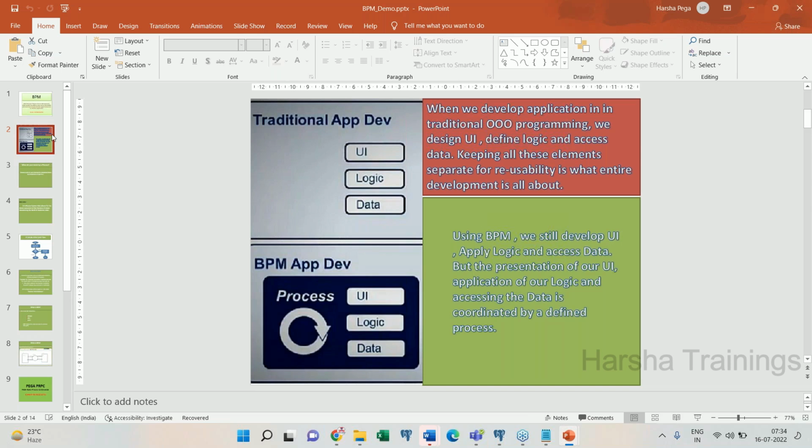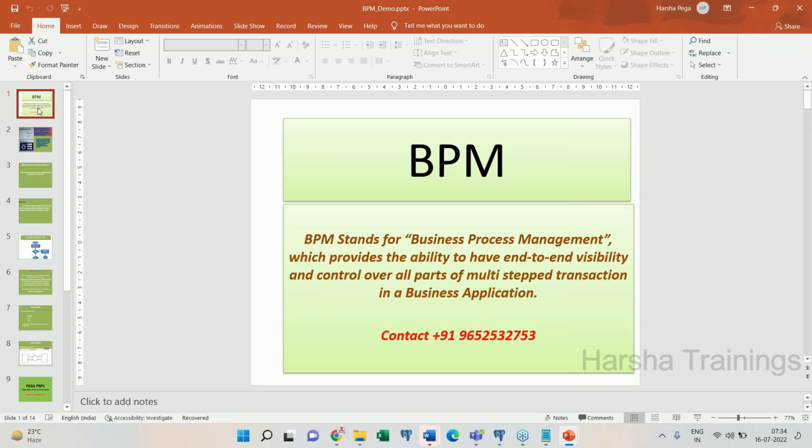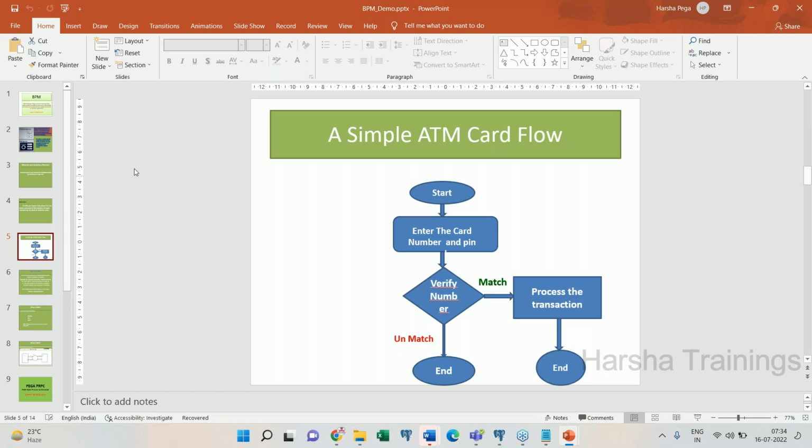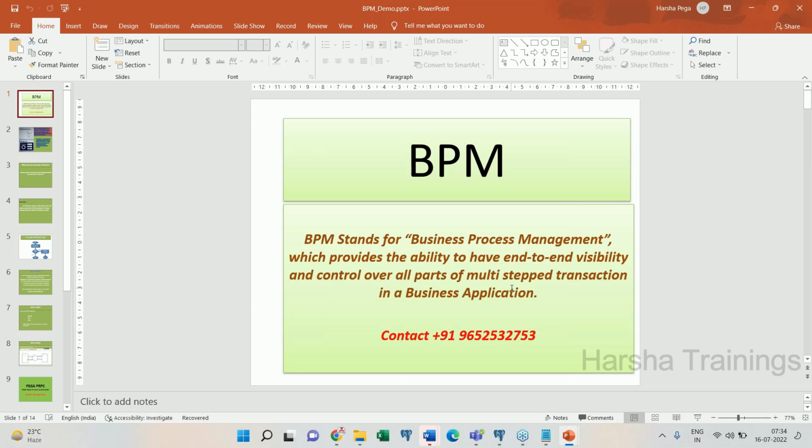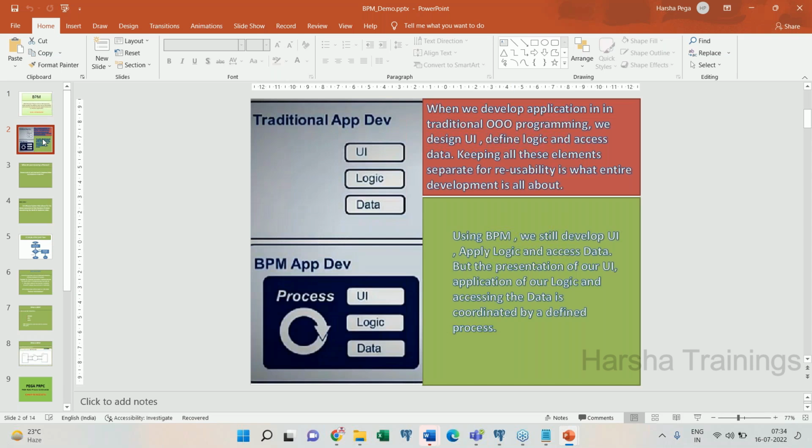Next, you are going to use a BPM tool for application development, where you design your transaction model like a flow diagram, where it will have multiple steps, and BPM provides an environment to do everything from requirement phase to complete development plus reporting phase. Compared to traditional application development, BPM has an additional component of process. Now, what is meant by process?